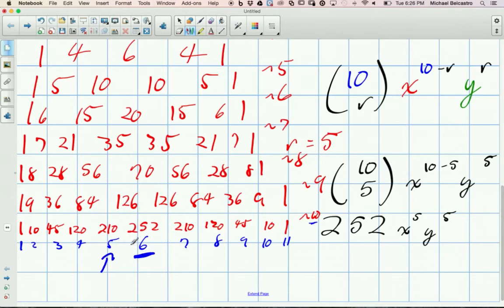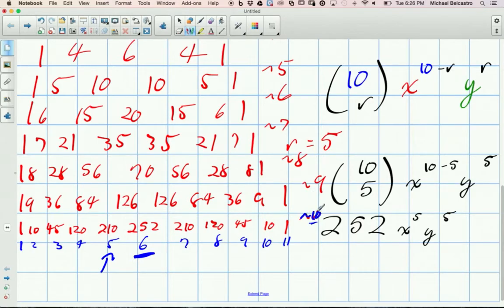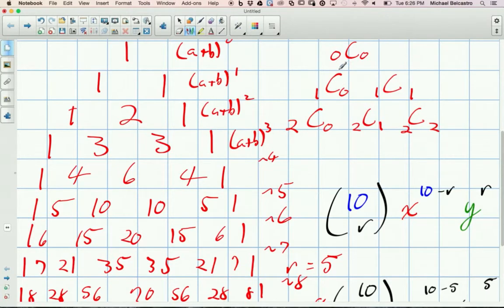When I say the 5th term, and the reason I want to show you this, remember how we talked about when we go to the power of 10, there's going to be 11 terms, right? When we're using combinations, the first term is technically the 0 term. Like the next row would be 3 combination 0, 3C1, 3C2, 3C3.